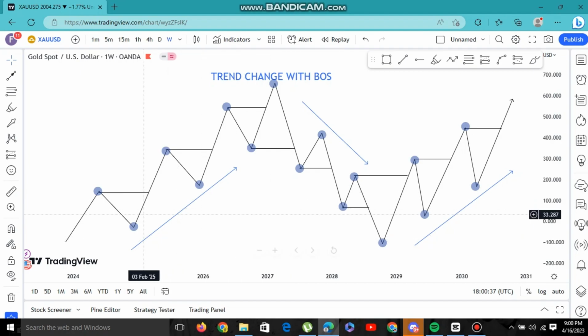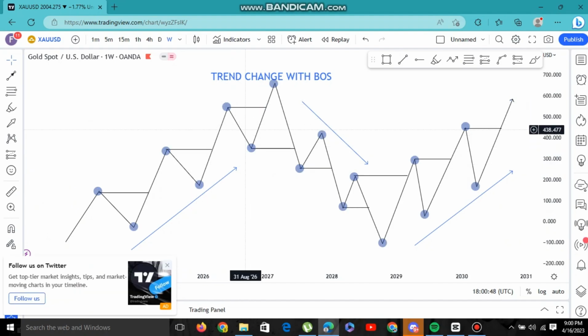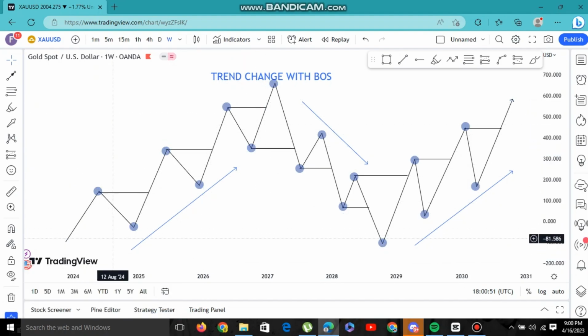So that's how the trends are. Understanding here that we had this bullish market structure, bullish trend.